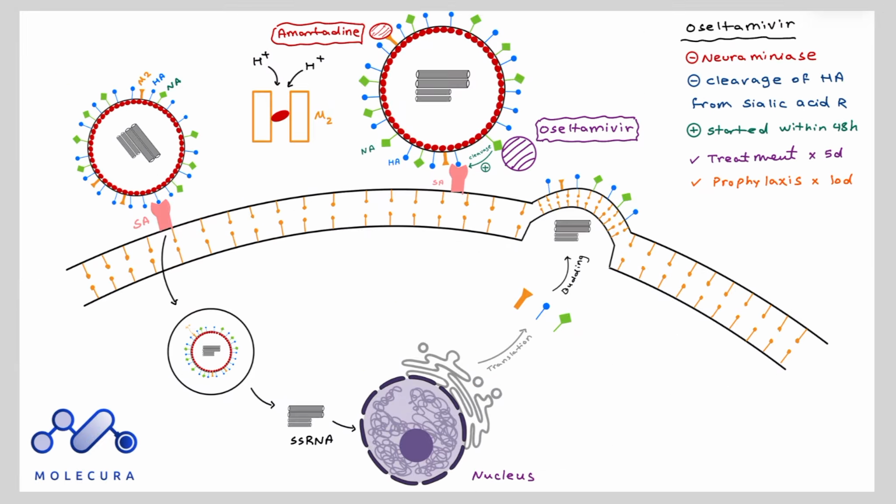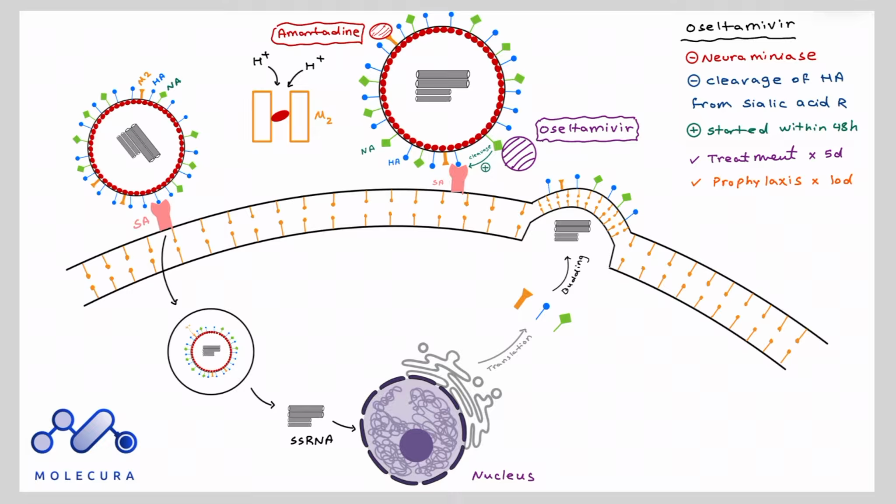So the way that this medication works is by reducing the duration and the severity of the symptoms. That's why it is crucial for this medication to be started within the first 48 hours of onset of symptoms. Otherwise, if more than 48 hours have passed and this virus has already infected many respiratory cells, this medication is going to be of little value to the patient.